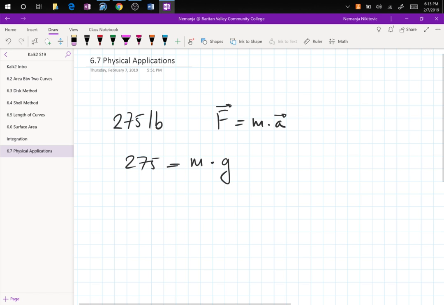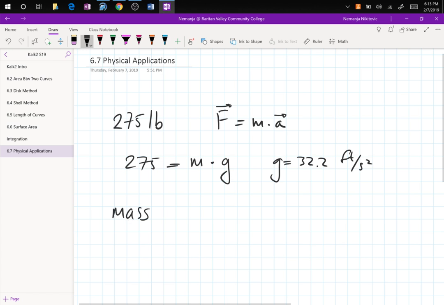Earn, right? So this G has to be 32.2 feet per second squared. So now, mass.